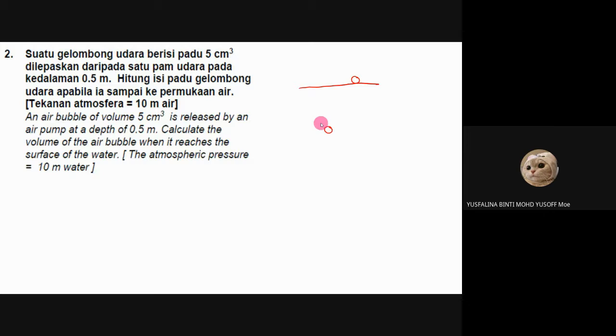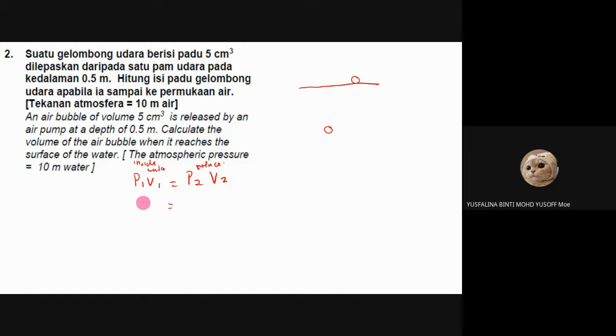Let's see how to answer this kind of question. Use the same formula: P1 V1 equals P2 V2. On the left, I put the pressure inside the water, and on the right, the pressure at the surface.